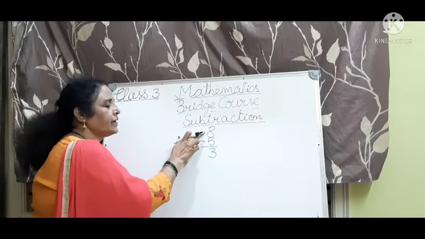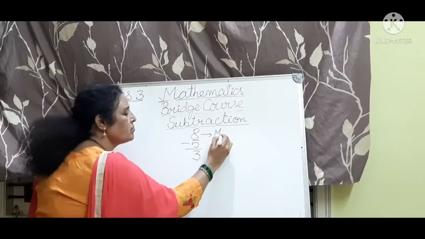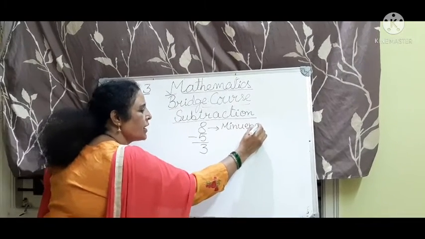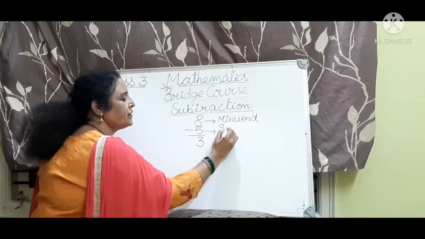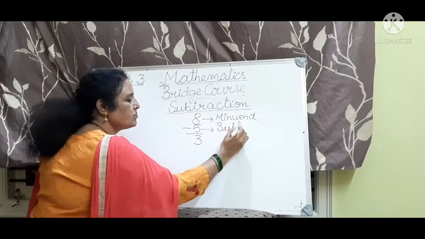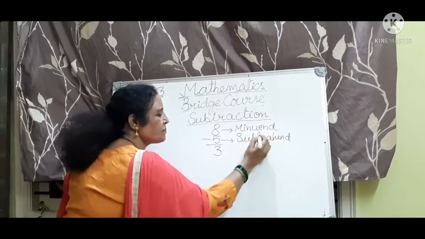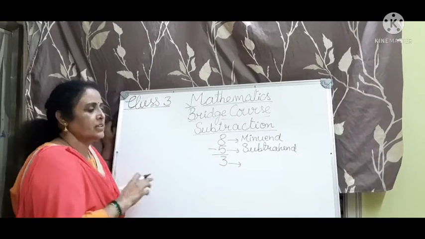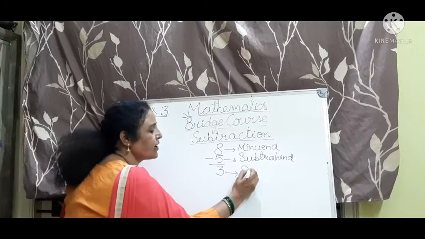Here 8 we call it as minuend, and 5 we call it as subtrahend, and the result of the subtraction we call it as difference.